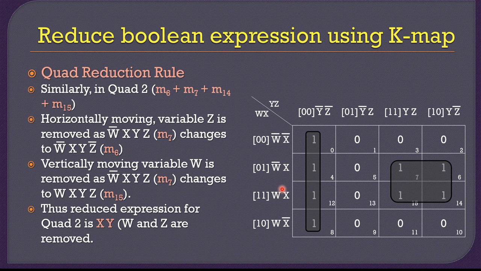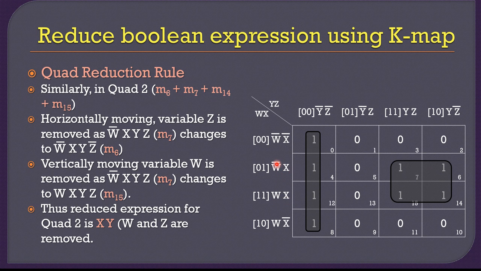Now if you take chord 2, where you have m6, m7, m14 and m15, you have to be very careful, because you can see it is only two rows and two columns, like a square box. You have to take the second row and third row, which have been marked here: w' x and wx.